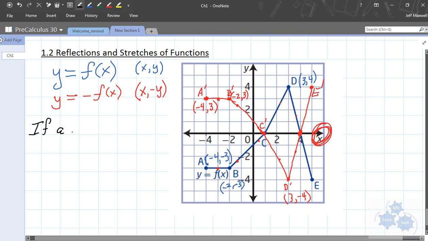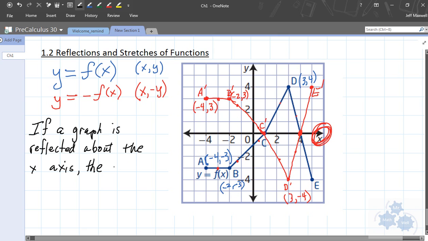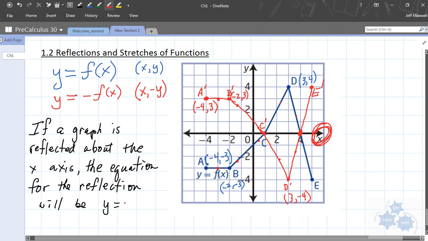If a graph is reflected about the x-axis, the equation for the reflection will be y equals negative, and I'm going to put -1 here, -1 times the original graph f of x.